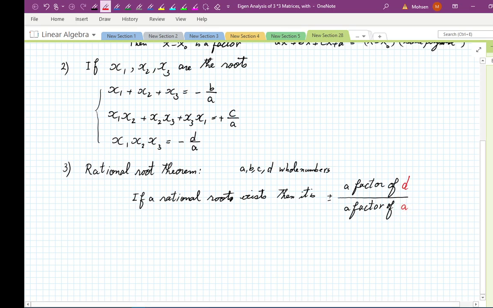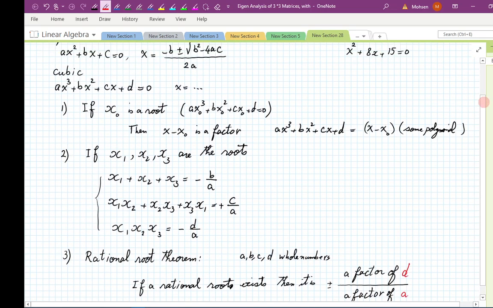So it limits the space in which you're searching for the root. You list all the factors of this, list all the factors of that, take a ratio of this to that. You only need to search among those. There wouldn't be any rational root anywhere else.